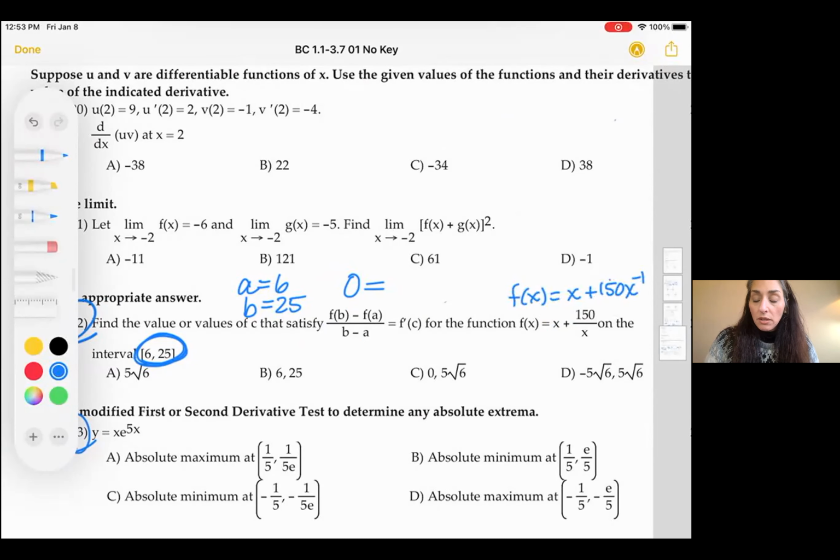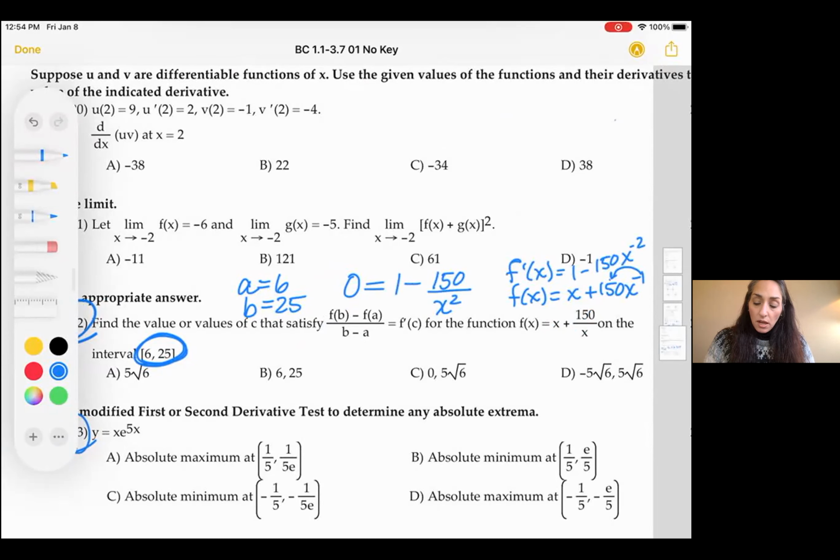You take the derivative of that, it's going to be 1, and then bring the negative 1 in the front there. So that would be minus 150x to the negative 2. So this would be 1 minus 150 over x squared, like that.